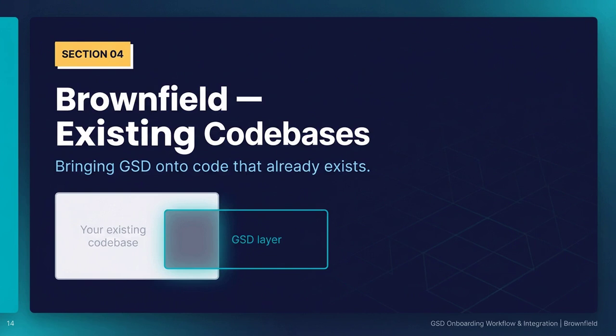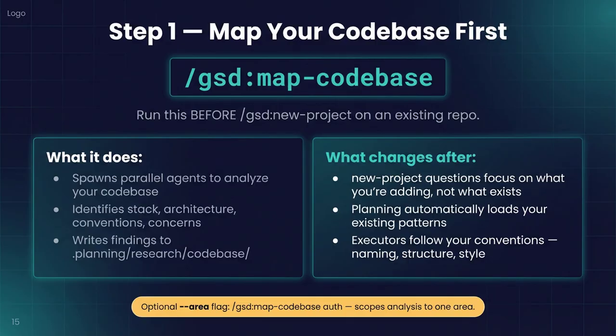Section 4, Brownfield. This is the pattern most of you will actually use. You have existing code. You want GSD to understand it before it touches anything. Before running new project on an existing repo, run map codebase. It spawns parallel agents that read your codebase and build a structured understanding of your stack, architecture, file conventions, and known concerns.